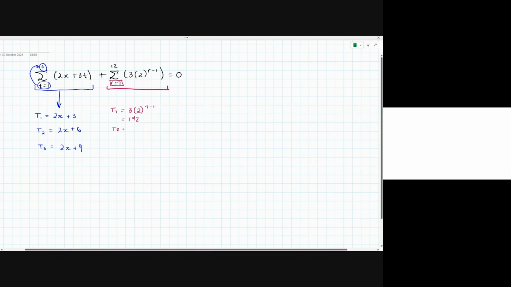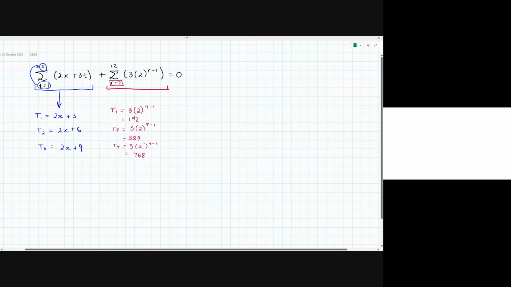Term 8 would be 3 times 2 to the power 8 minus 1, which is 384. And then the third term that we add is term 9, which is obviously just substitute in 9. Now, obviously, if you wanted to, you could just keep substituting all the way up to 12, but we do have a formula that we can use, so there's no reason to do that.